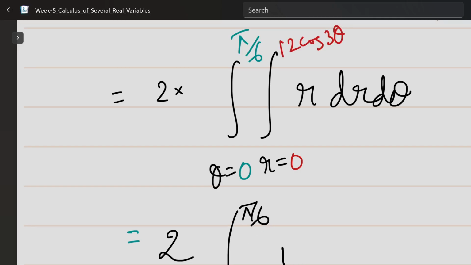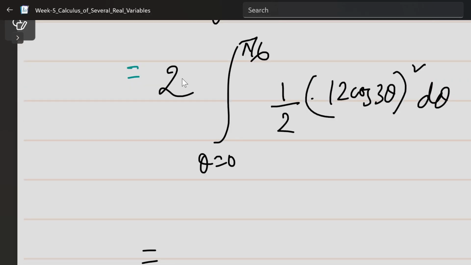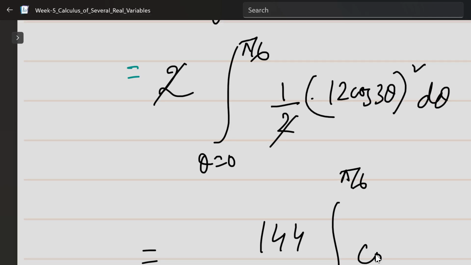Half r integral is half of r square. R is 12 cos 3 theta, squared. Do you understand this direct calculation? So these 2 and a half cancel out. So it is 144, integral theta from 0 to pi by 6, cos square 3 theta.